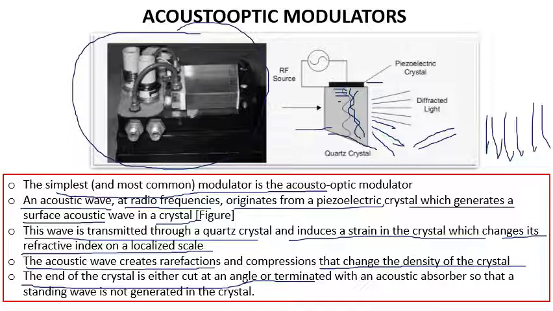The acoustic absorber helps to prevent standing waves from being generated. If standing waves are generated, then this phenomenon will not work and the refractive index will not change the way we are expecting. So the standing waves have to be prevented. How is it prevented? Well, cut at a certain angle like this, or put an absorber here, so that it absorbs the waves and the standing waves are not generated.